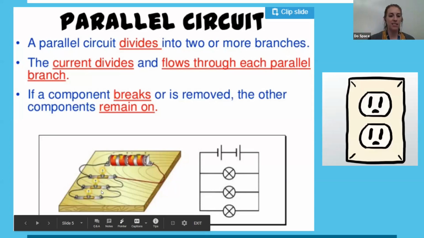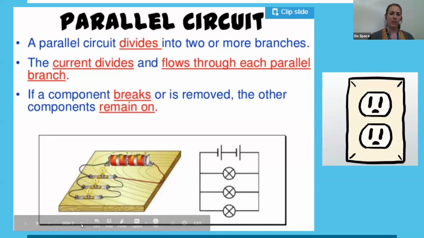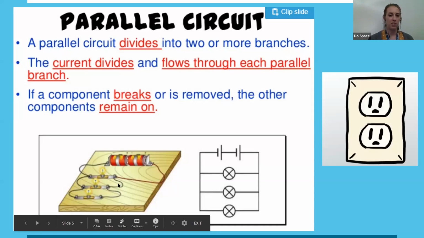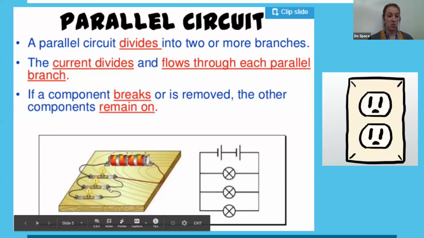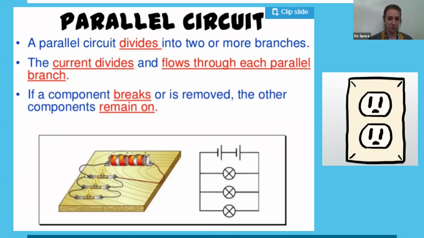There are also different ways where you have multiple wires coming from here to here. So you might have three positive wires going 1, 2, 3, and then three negative wires going 1, 2, 3, instead of how it's set up here.